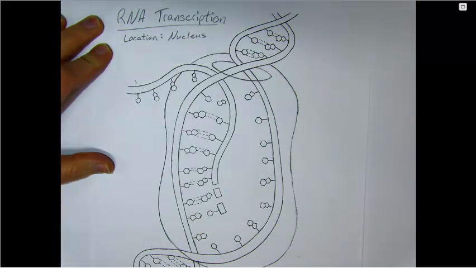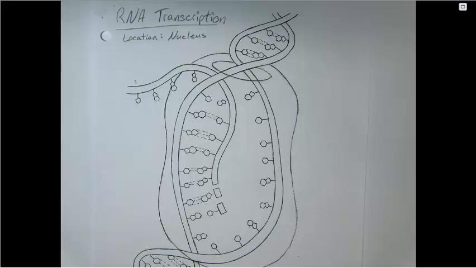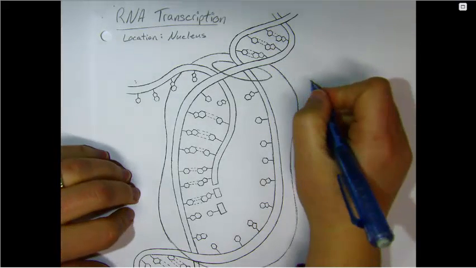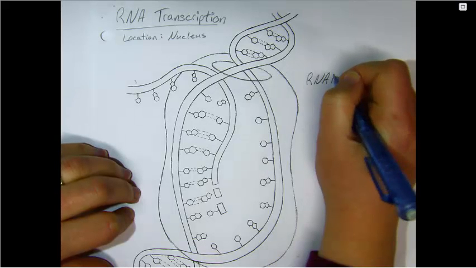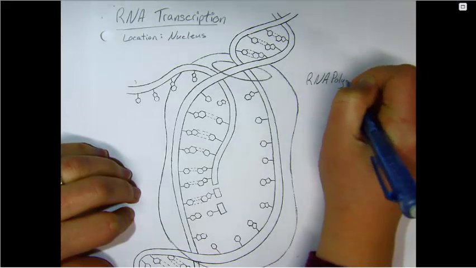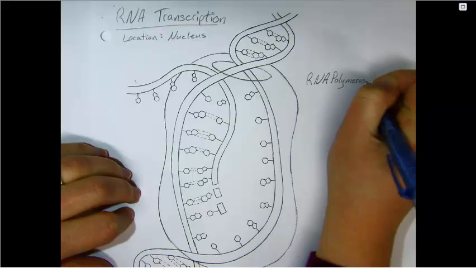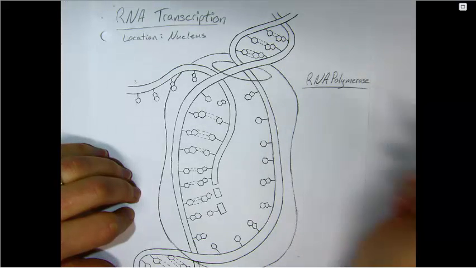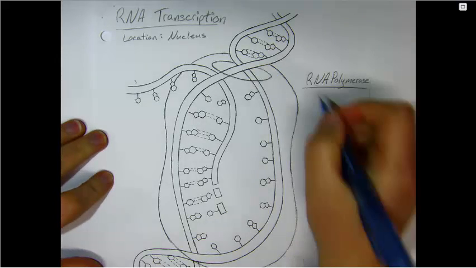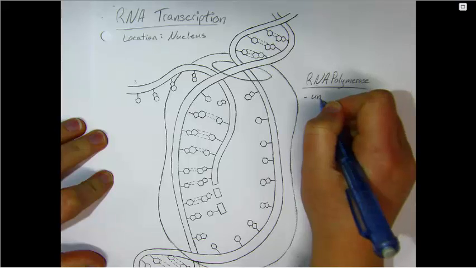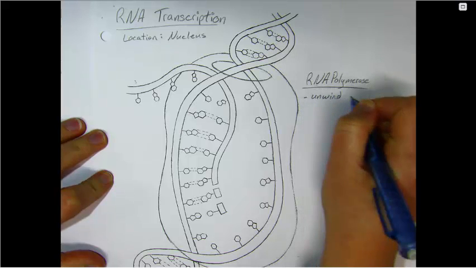And this process involves one single enzyme, and that enzyme is called RNA polymerase. Now, RNA polymerase has a couple jobs, and that first job is to unwind the DNA.